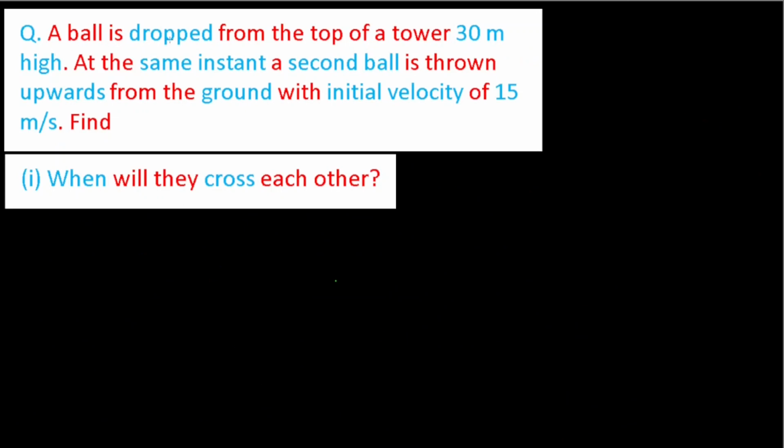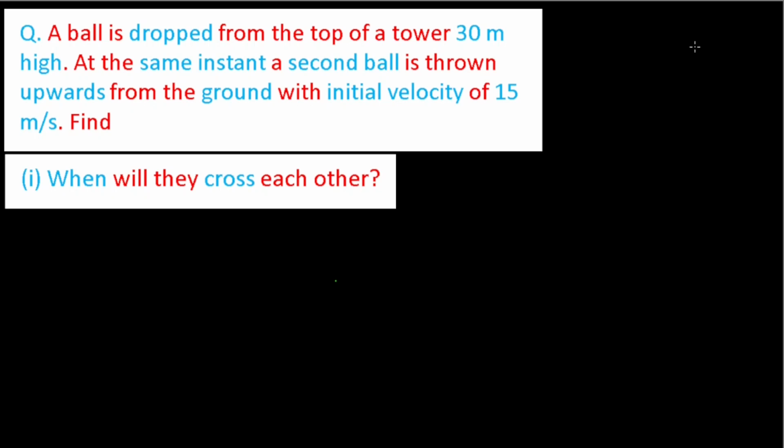A ball is dropped from the top of a tower 30-meter high. At the same instant, a second ball is thrown upwards from the ground with initial velocity of 15 meter per second. We have to find, number 1, when will they cross each other?